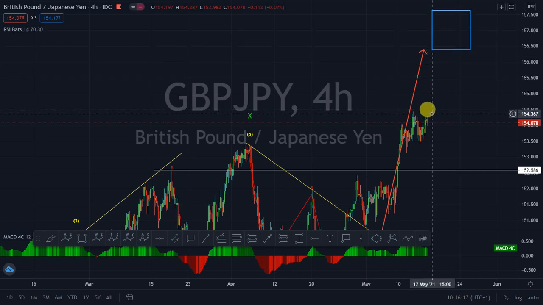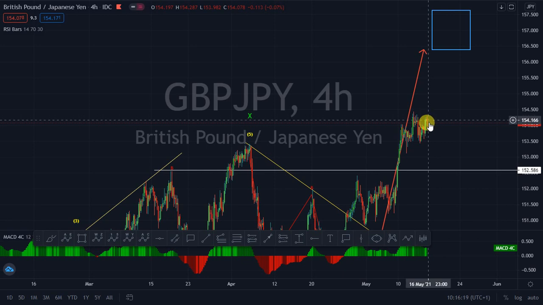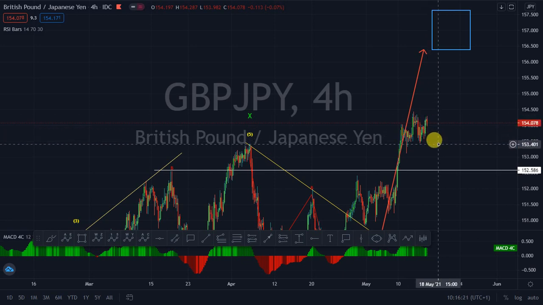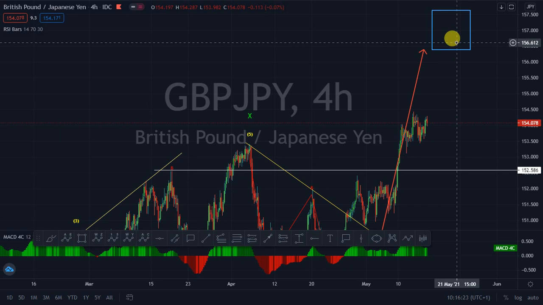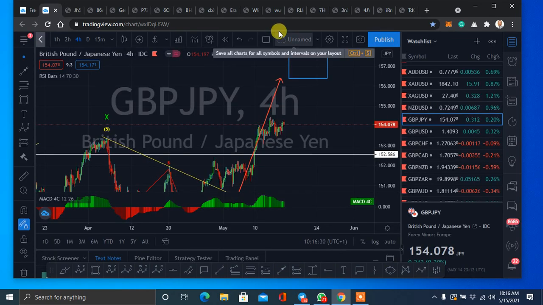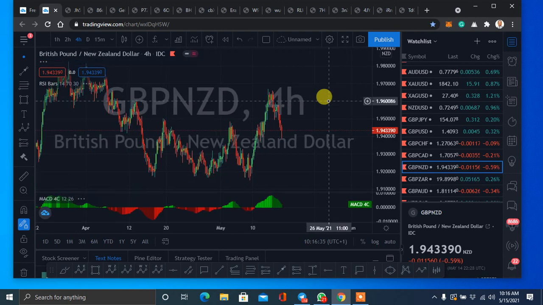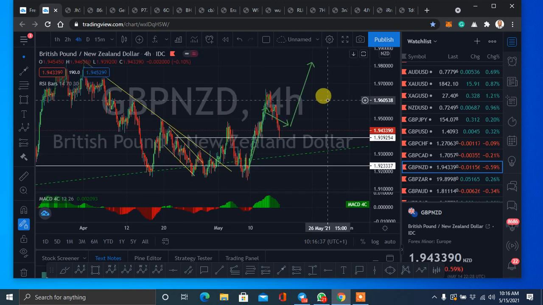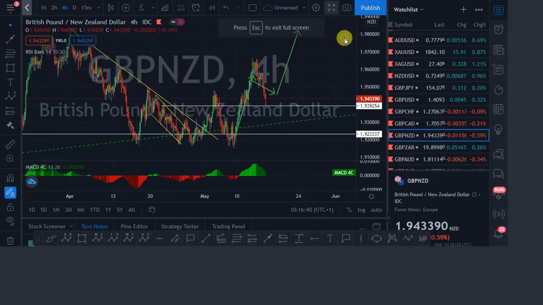So whether we get a drop or not, we are buying pound JPY. If we are on the long side of it, don't panic to sell. I think I have shown you pound New Zealand, right? Yeah, pound New Zealand is buying.